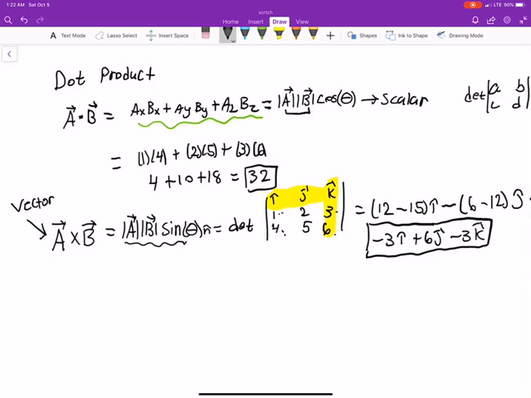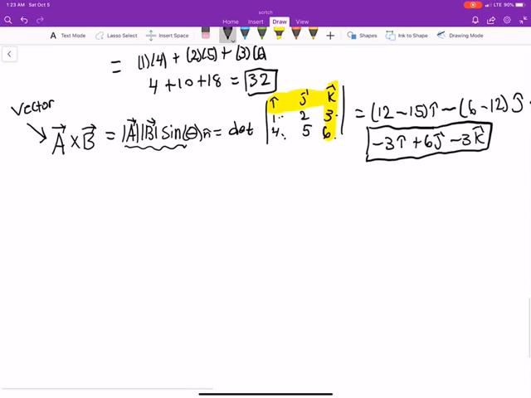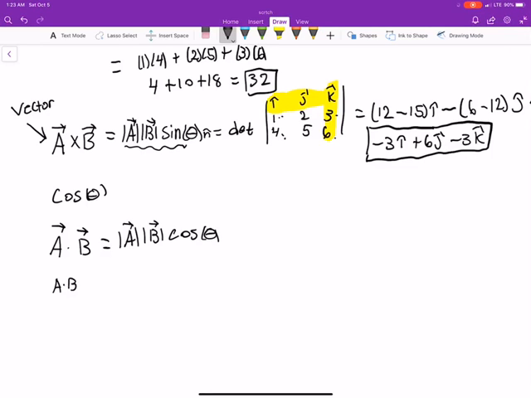Now that we have that, let's consider this. Let's find cosine of theta using the definition of our dot product. So we know A dot B from above is equal to the magnitude of A times the magnitude of B times cosine of theta. So if we want to know theta, it's just the dot product over the magnitude of A times the magnitude of B, which is cosine theta. I'm going to stop drawing arrows because I'm lazy.